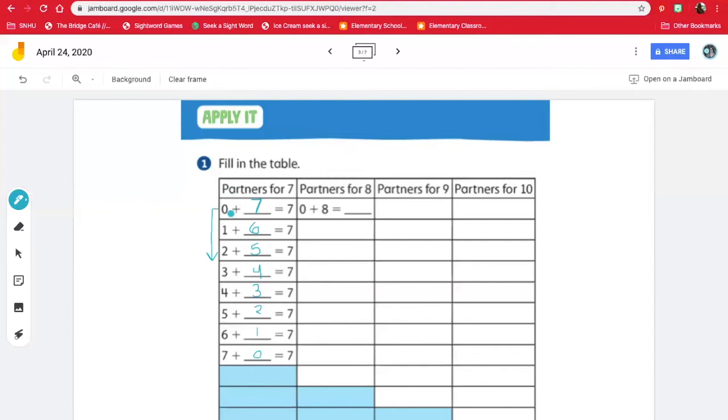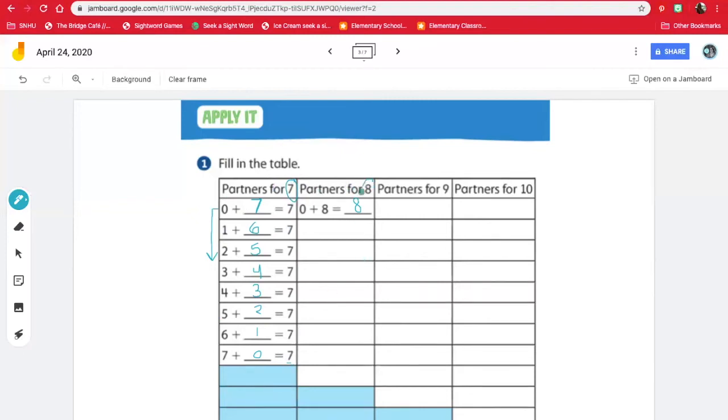So that's one pattern that we've noticed. The numbers in the front are increasing by 1 as you go down, and the second numbers are decreasing by 1 as you move down. 0 plus 8 equals 8. So if they are partners for 7, all the answers have 7.